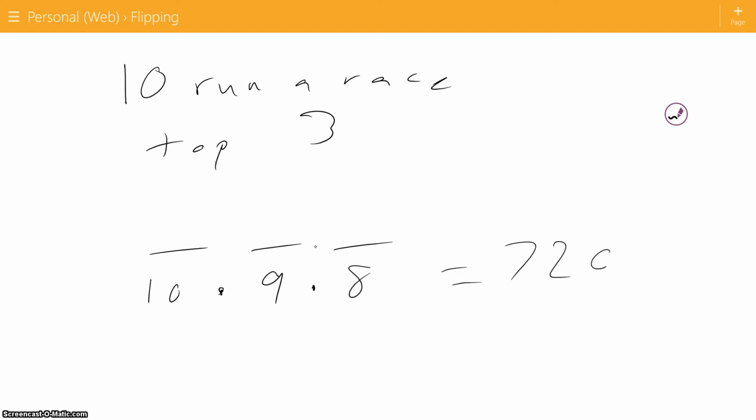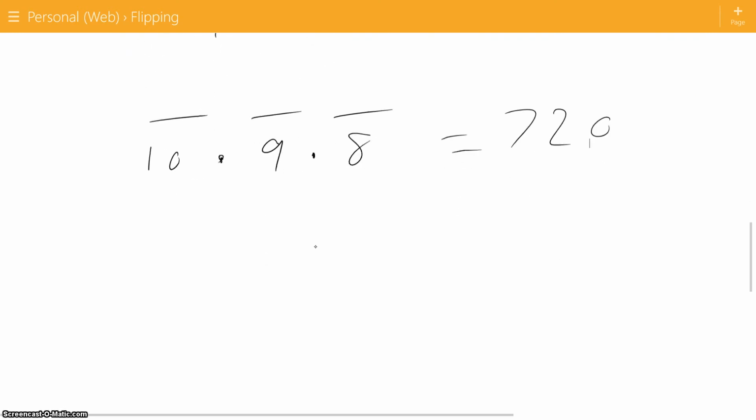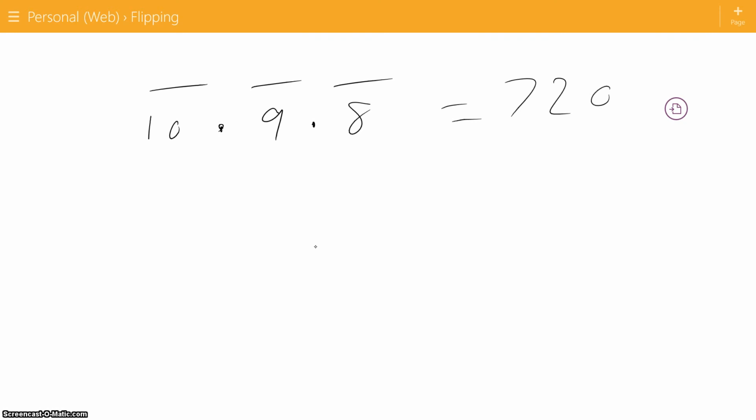So we've got 720 possibilities that we could have for first, second, and third place. This is convenient here, but you may be dealing with some larger numbers. Let's look at the formula that would help us evaluate this if we don't have something that's just so tidy, finding the top 3.